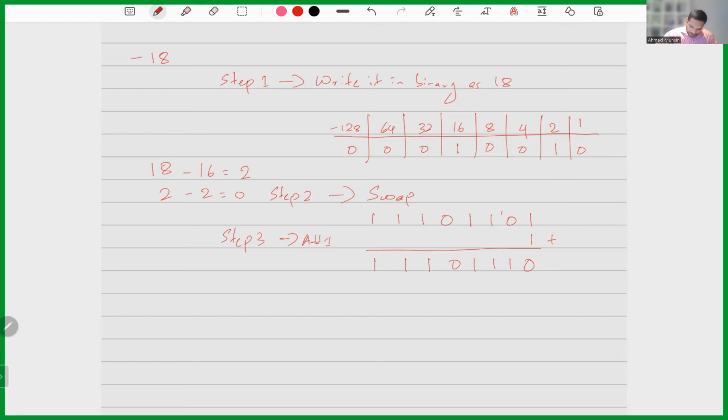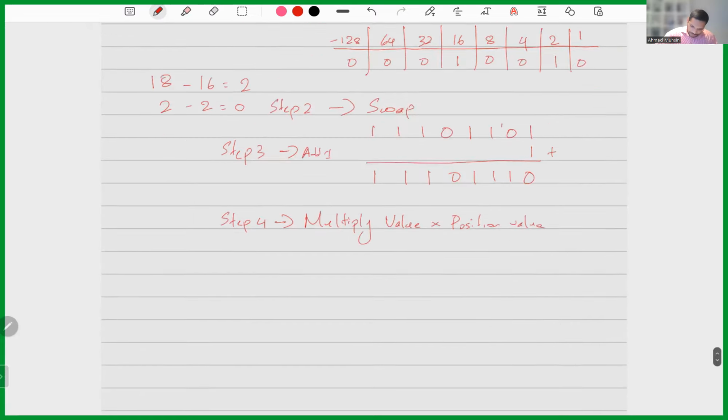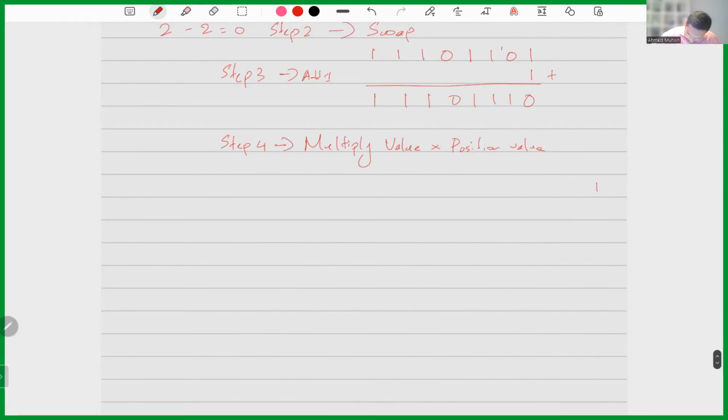Step number 4, multiply the value by the position value. If you put the position value table over here, we have 1, 2, 4, 8, 16, 32, 64. And remember, we are in 2's complement, so we have minus 128.